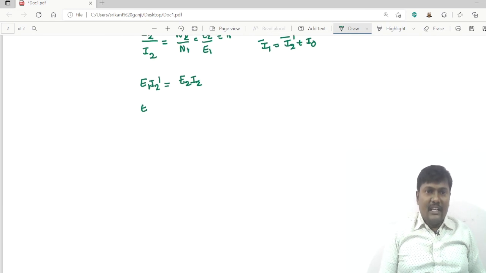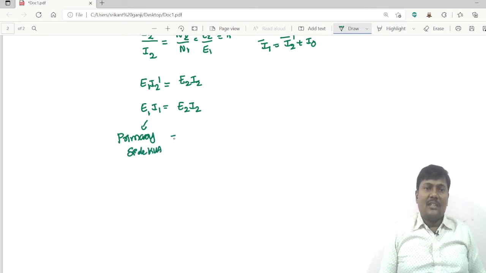By neglecting the no load current, E1 I1 is equal to E2 I2. This is the primary side kVA. So primary side kilovolt ampere is equal to secondary side kVA. So now the transformer definition is satisfied.